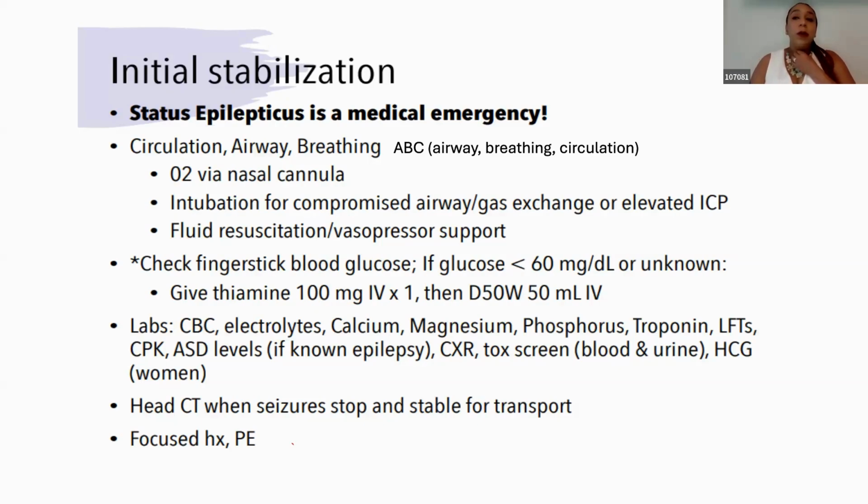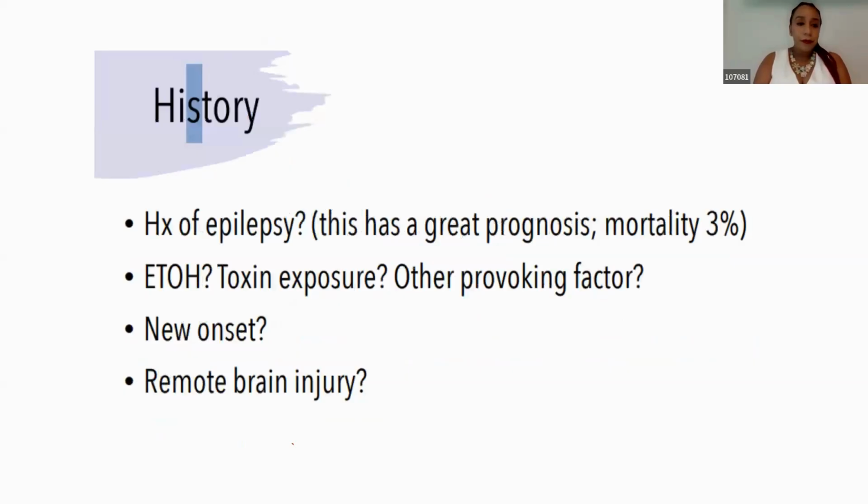And if they're women, make sure you get a pregnancy test. And when you're able to stabilize them, give them a benzo, and their seizure has subsided, then you can go ahead and try to get a CT scan, a focused history, and all those good things that help us manage our patients appropriately.